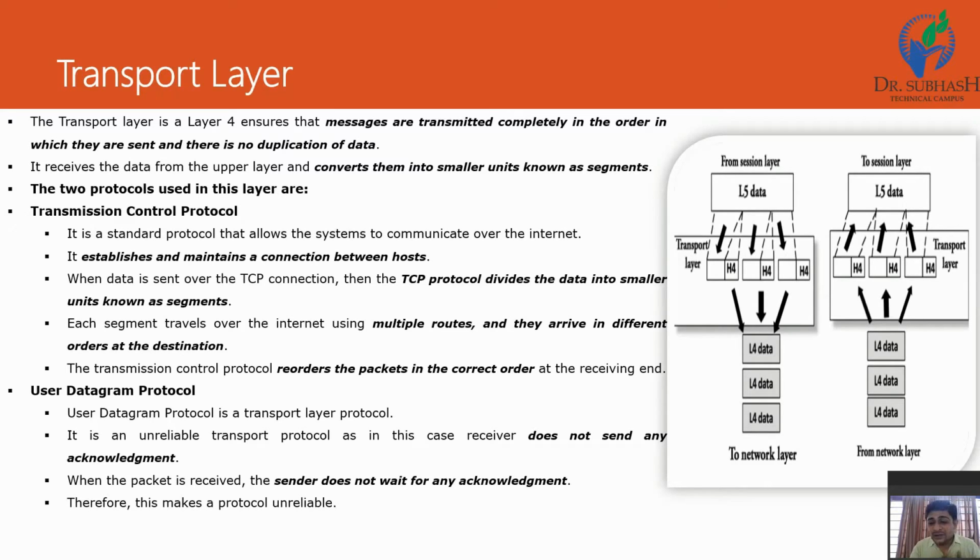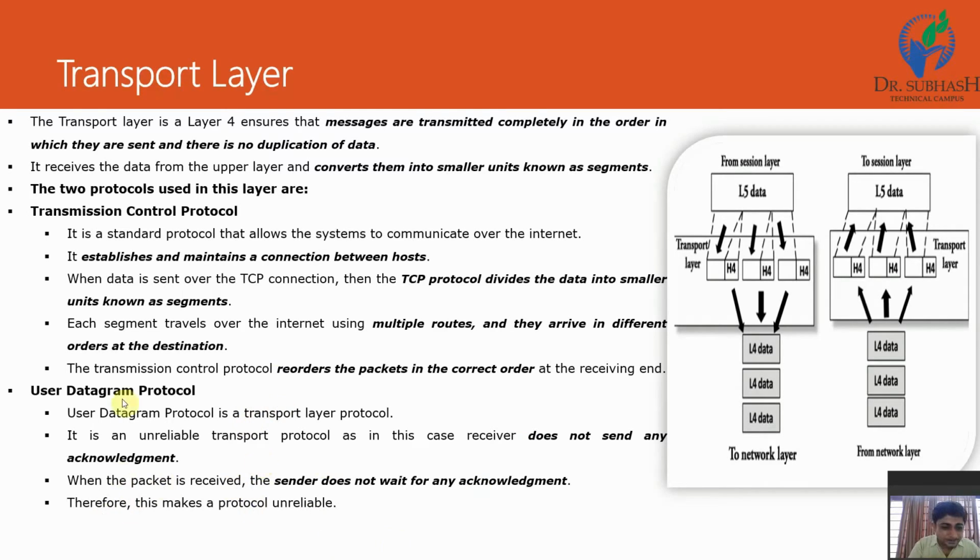It may be B, A, C. So we have to rearrange into A, B, C. So that is the arrangement. The transmission control protocol reorders the packets in the correct order. That is the task of the transport layer and our protocol TCP, transmission control protocol.